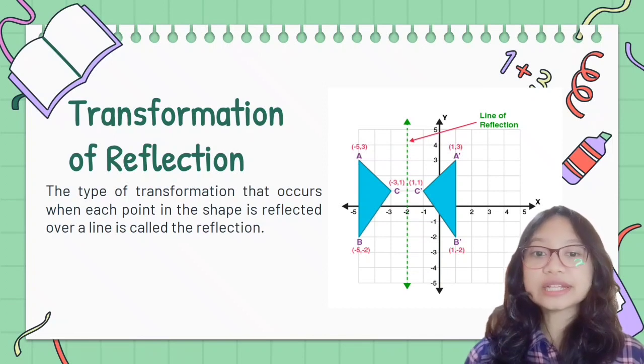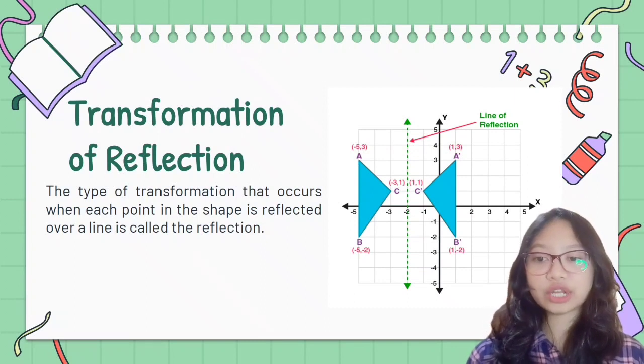A figure is said to reflect another figure when every point in this figure is equidistant from each corresponding point in the other figure. The reflected image should have the same shape and size, but the image faces the opposite direction.